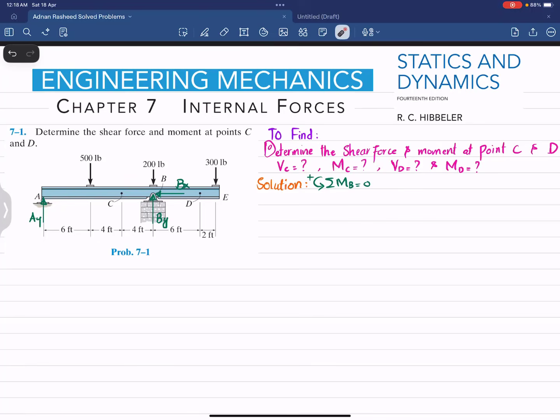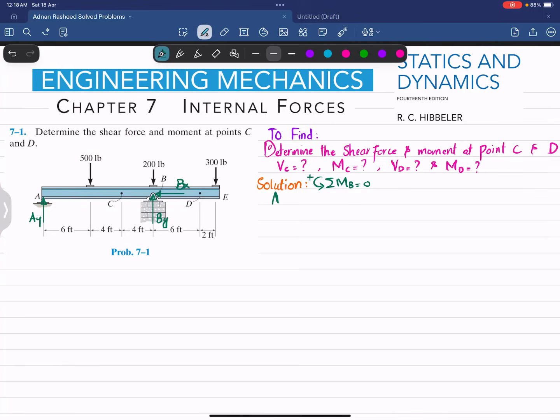You can see that about point B, these two forces pass through point B, so they are not producing moment. The first moment is produced due to AY, with a perpendicular distance of 14 feet, and it is producing clockwise moment, so it is negative. I can write it as minus AY multiplied by 14 feet.